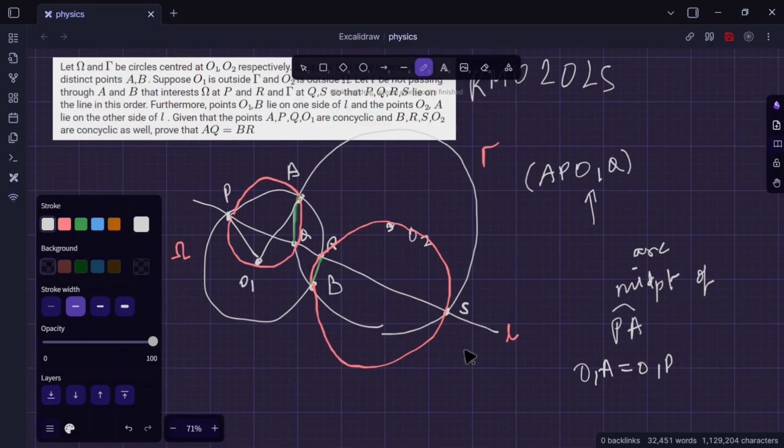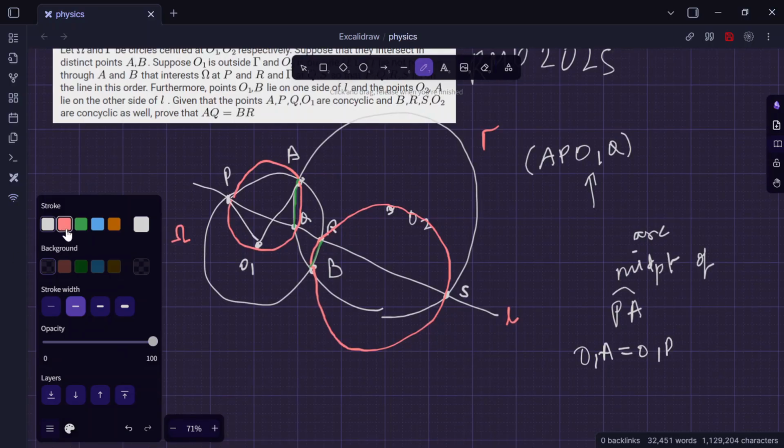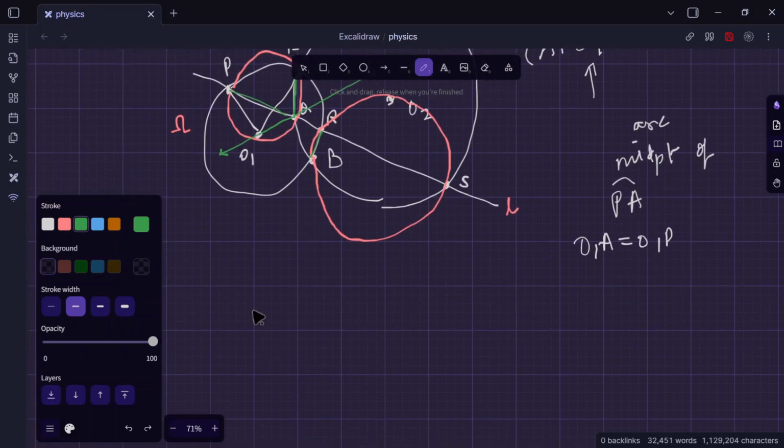Since it's the arc midpoint, this means that the line O1Q must be an external angle bisector of PQA. Why is this true? I'll draw another diagram. So here we have a circle and a triangle XYZ.